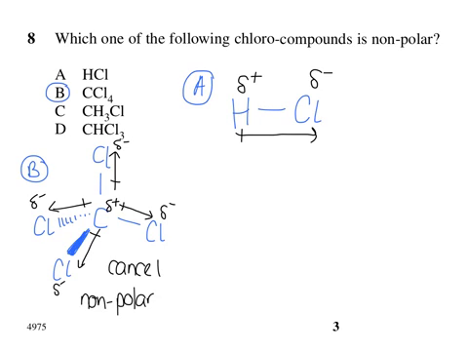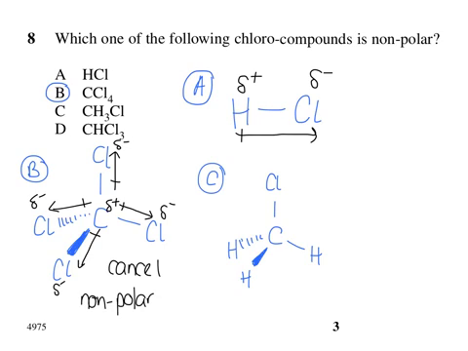Let's just have a look at C and D to have a look at their shape. C is carbon in the centre, 3 hydrogens and 1 chlorine. So we'll draw the chlorine up here, and then our 3 hydrogens. Now, in organic chemistry, we tend to just ignore the dipole on the carbon-hydrogen bond. Yes, there's a small electronegativity difference, but it's not significant enough for us to consider.